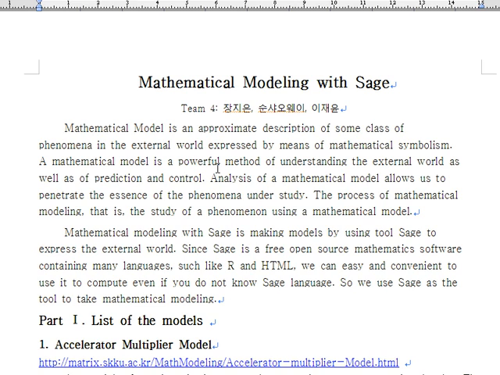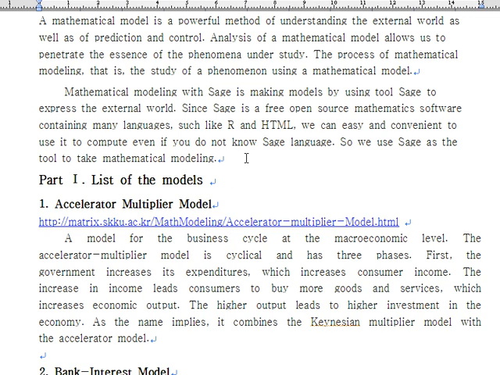In making models, we always need some tools to deal with data that we can't do by hand, so we choose some tools to help us make the analysis. Here we choose Sage. The reason we choose Sage is that it is free and open source mathematics software containing many languages.